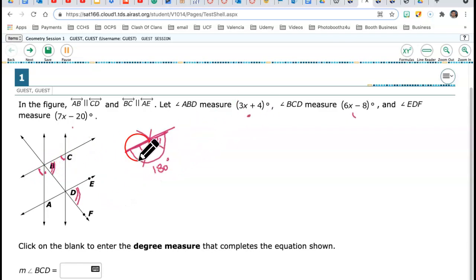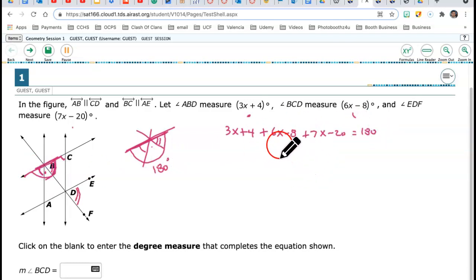The dot, which is 3x plus 4, plus the one arc, which is 6x minus 8, and 7x minus 20, which is angle EDF, the two arcs. All of them make this straight line. Therefore, the sum is equal to 180.